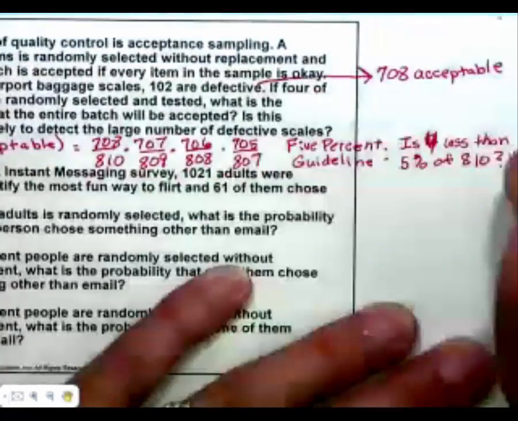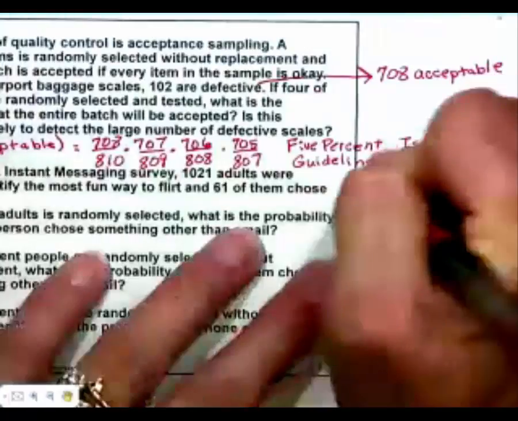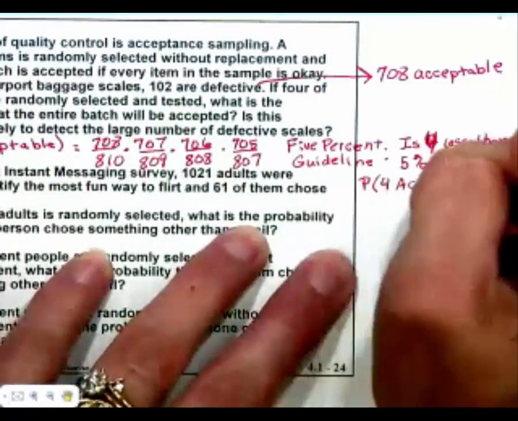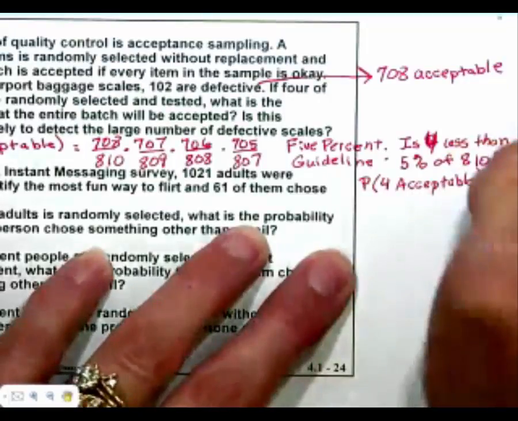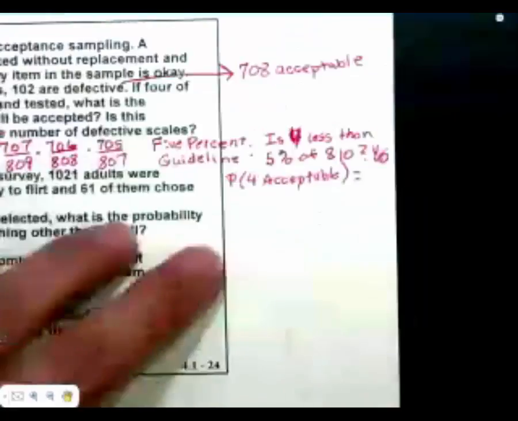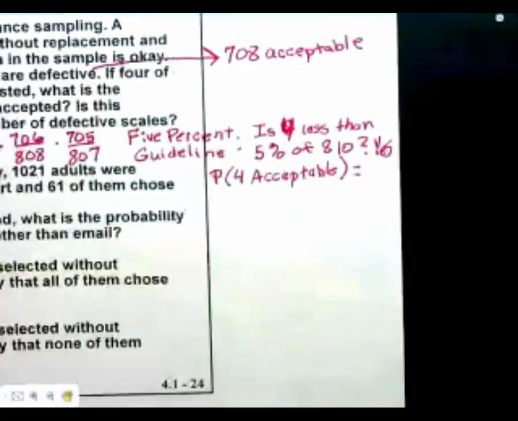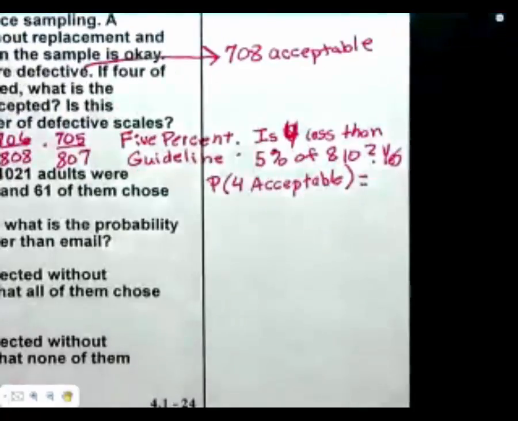I can say the probability of 4 acceptable, what does the 5% rule say that I can do? The 5% guideline says, well, just play like you're putting it back.